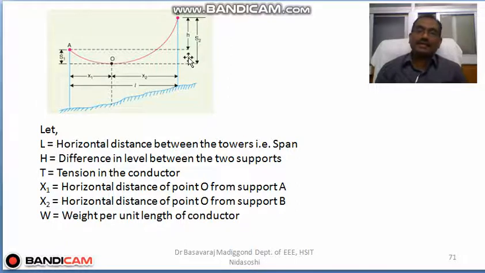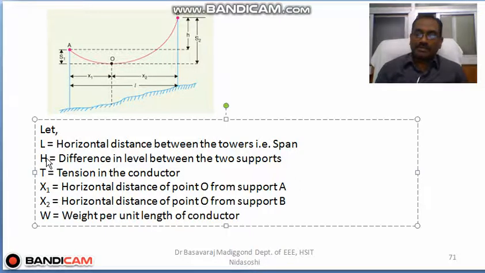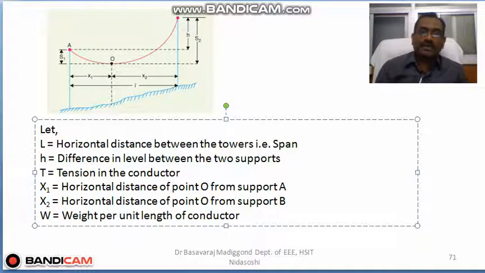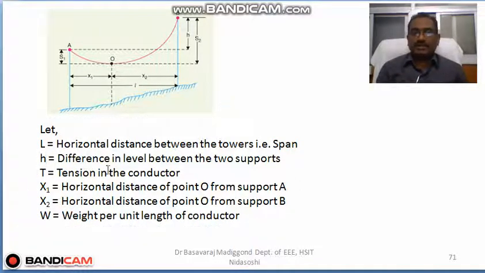Let L be the horizontal distance between the towers, that is the span. Small h is the difference in level between the two supports.